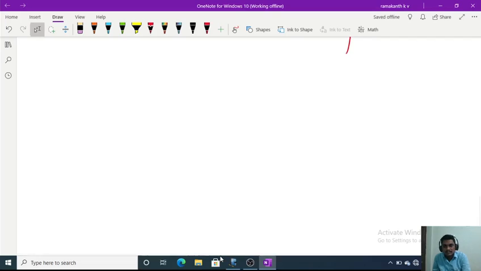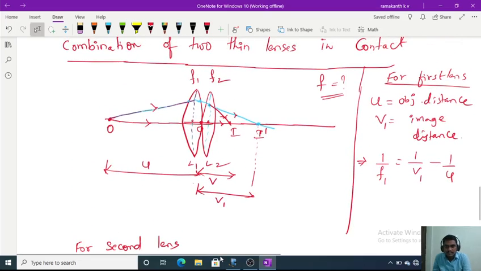Next, for the second lens, what is the object? The image of the first lens will act as an object to the second lens. This is a virtual image. So what is the object distance for the second lens?